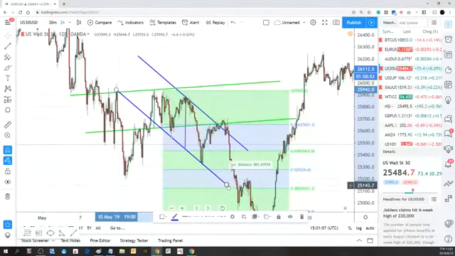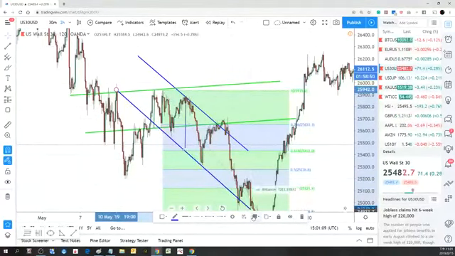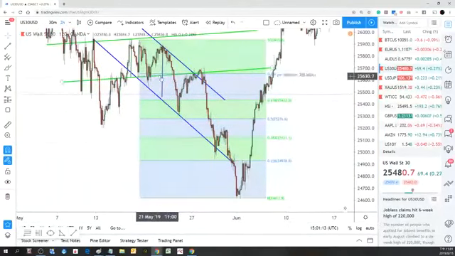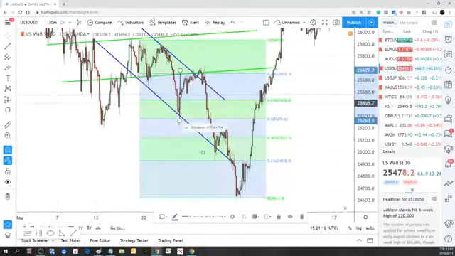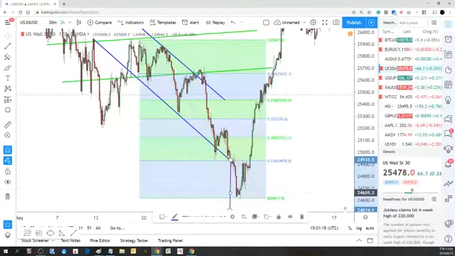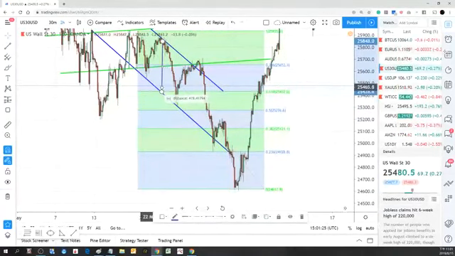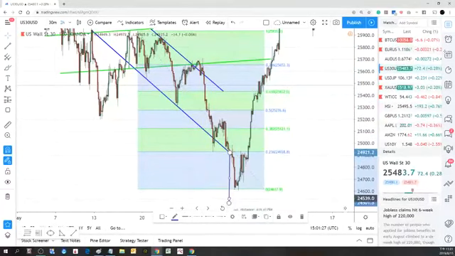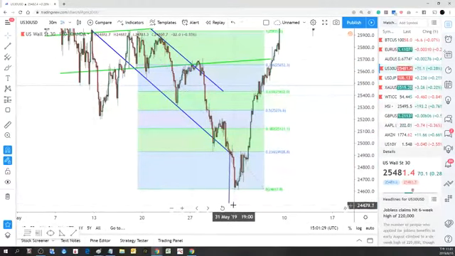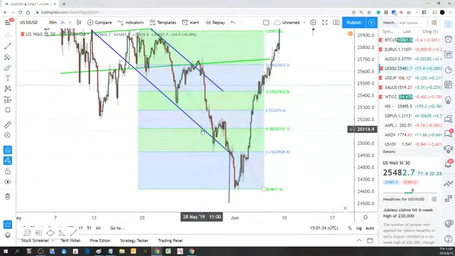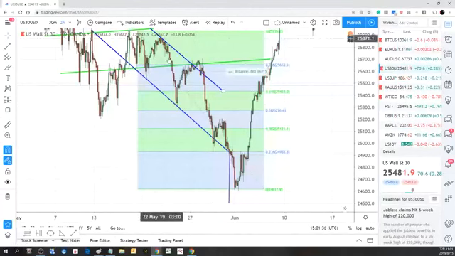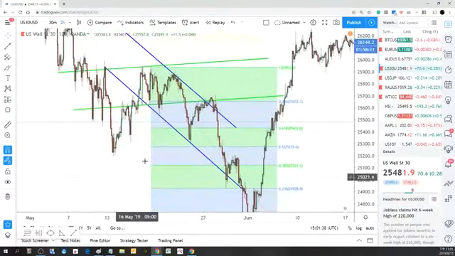So supposedly, if this one breaks, this one has to go by a 1-to-1 ratio. So it breaks here, and at the 1-to-1 ratio here, the market did not go as much. So very likely this is not the actual channel that the market is doing.